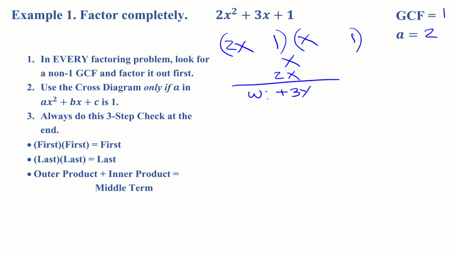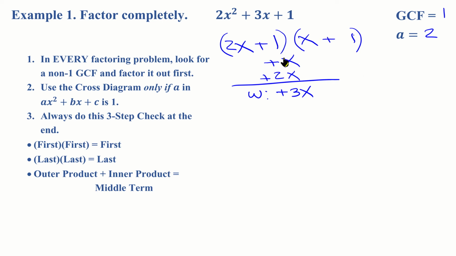That's the first time we introduce a sign. Now, can we get positive 3x from x and 2x? Of course we can if they're both positive. So now, as long as you've written the inner product on the top there and the outer one below it, then this sign will go here and this sign will go there.